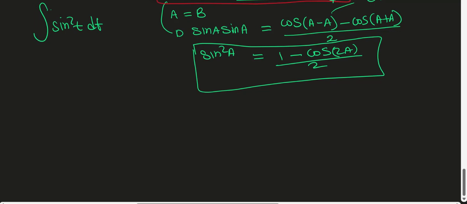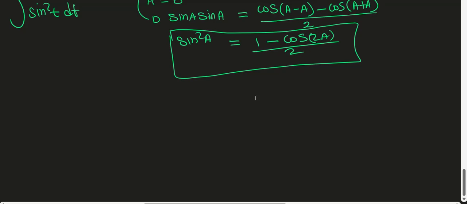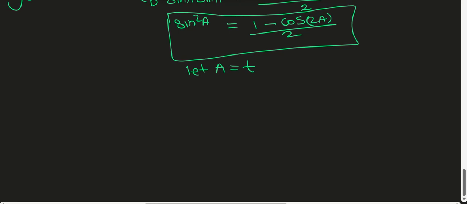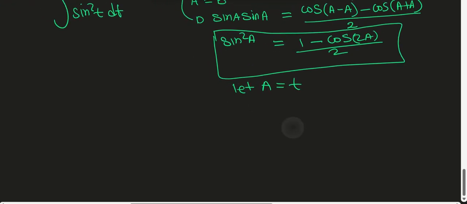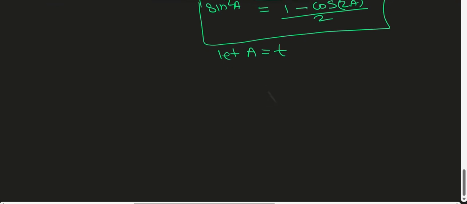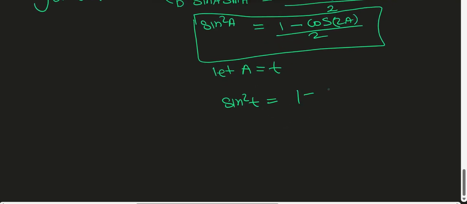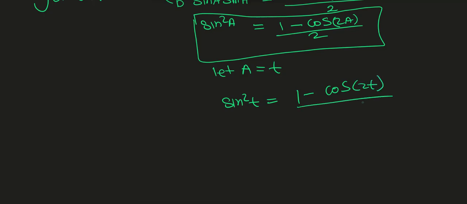This looks very much the same as what we have there, except instead of A we have t. So what we'll do, we'll say let A be equal to t, and if A is equal to t, then our expression here will change to sine squared t is equal to 1 minus cos 2t, all of that divided by 2.